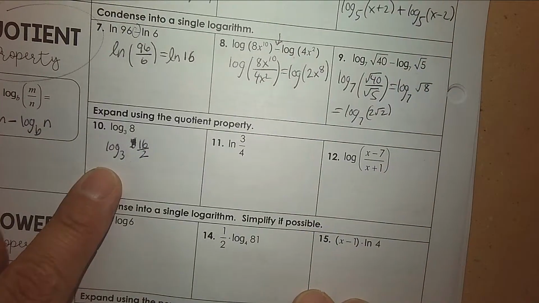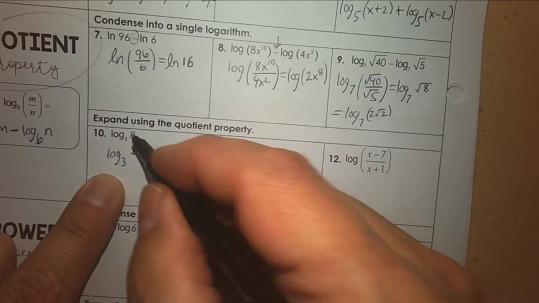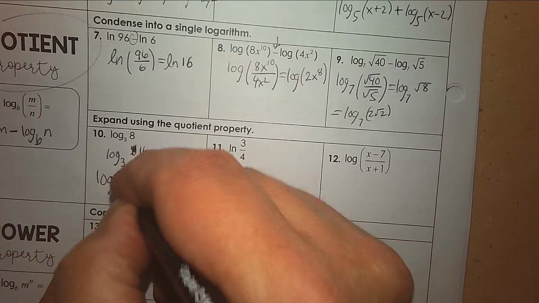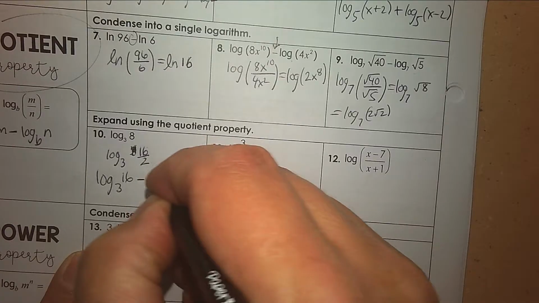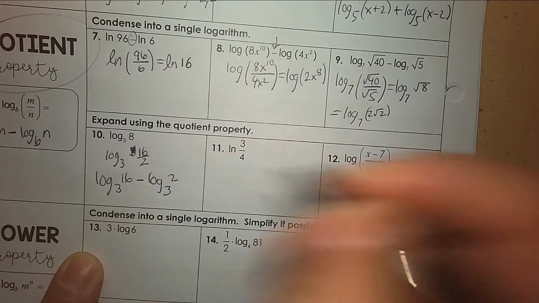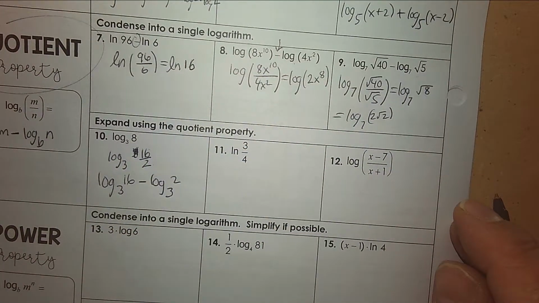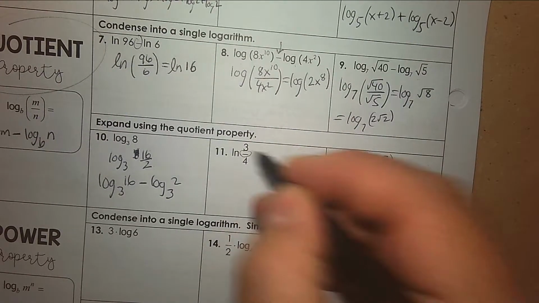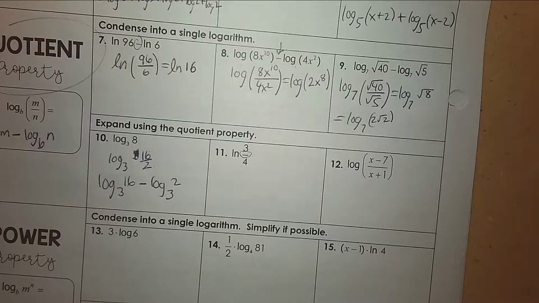Back here to number 10. 18 is 16 divided by 2. So I can write this as log 16 base 3 subtract log 2 base 3. Number 11, do you see dividing? How would you write that as 2 logarithms?